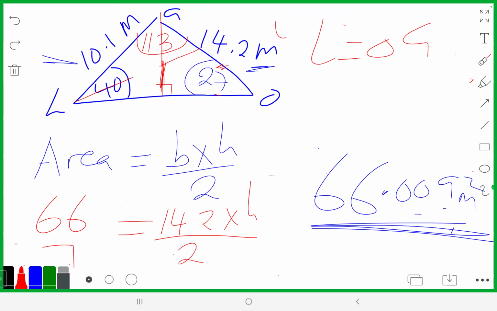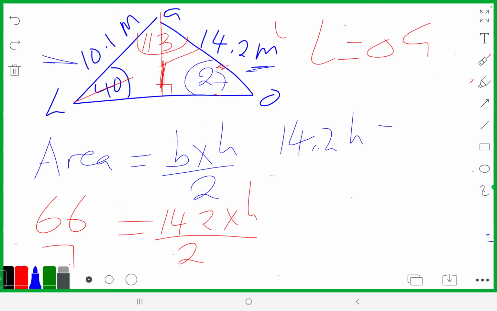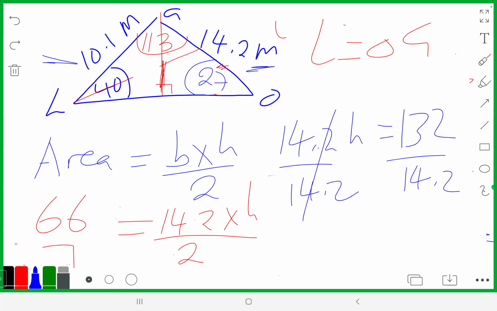So from here, we can cross multiply to solve for H. 2 times 66 equals 14.2H, which is 132. Divide through by 14.2 to find the height.